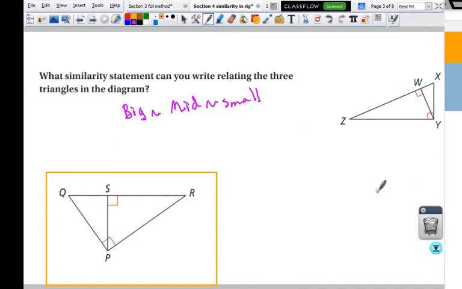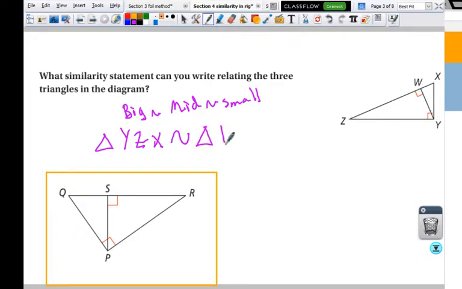So my big triangle is triangle XYZ. The order doesn't matter, but I'm going to go YZX. Triangle YZX is going to be similar, my squiggly line right there means similar, to triangle WZY, which is my middle. WZY is this middle one.